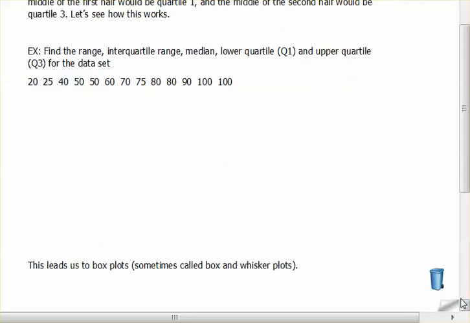Here we have an example that says find the range, the interquartile range, the median, the lower quartile, which is quartile 1, and the upper quartile, which is quartile 3, for the data set. So here we have our data set, and if you'll notice, they are all going in order from smallest to largest, which is what we need.